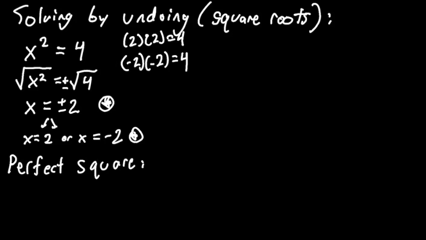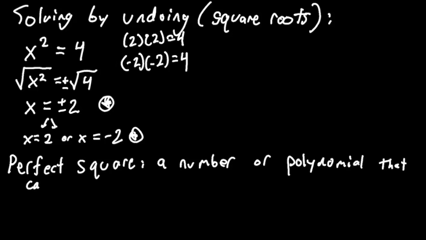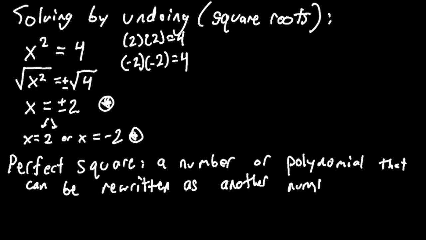A perfect square is just a number or polynomial, an expression that can be rewritten as another number or polynomial squared. So we can rewrite this expression as another number or polynomial squared.